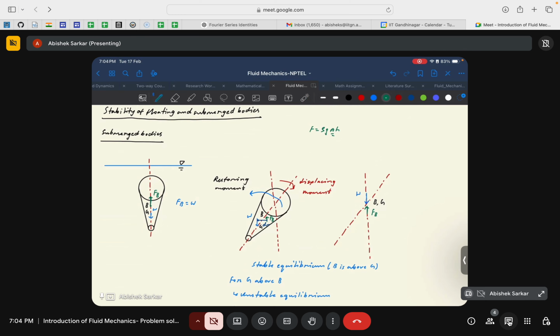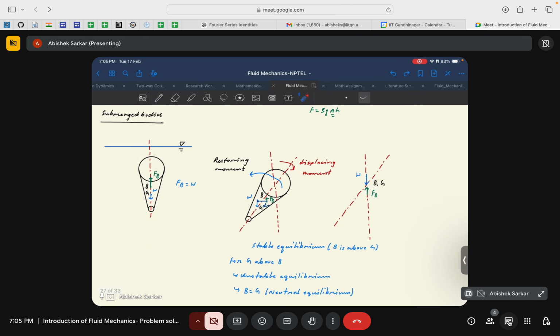So that's how we consider the shape of this body, so that the demarcation between the points of action of the buoyant force and the gravitational force is easily observed, okay. Since the body has higher weight towards the lower end, the center of gravity would be shifted towards the lower end, and since the body has a larger area at the upper part, the center of buoyancy will shift to the upper part, okay. So that's how the body has been designed, okay.